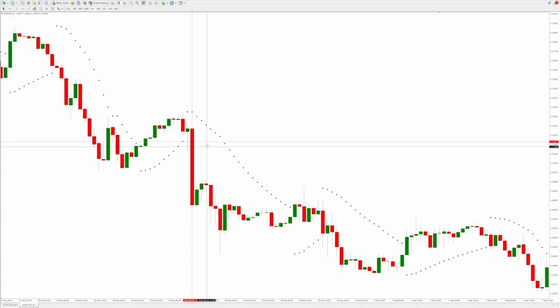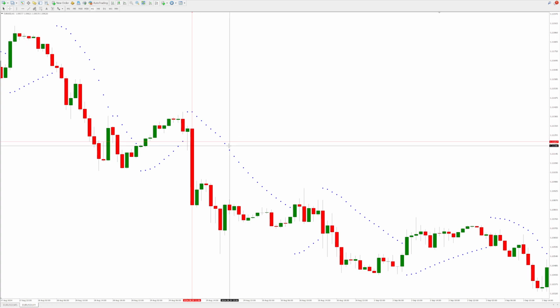When you see this breakout below here, if we put the stop loss above the SAR level, which ties in nicely with this resistance level here, around 20 pips, still gives us a nice risk to reward ratio. We could have used the dot for trailing the stop loss all the way down here. Even if we were taken out here, still would have been a nice move, catching a decent amount of pips.